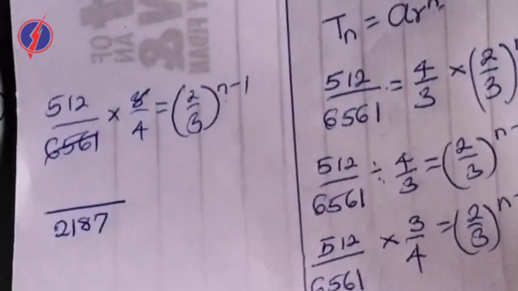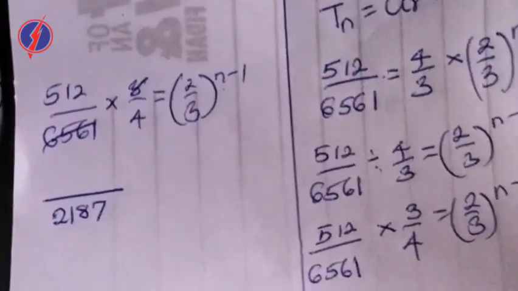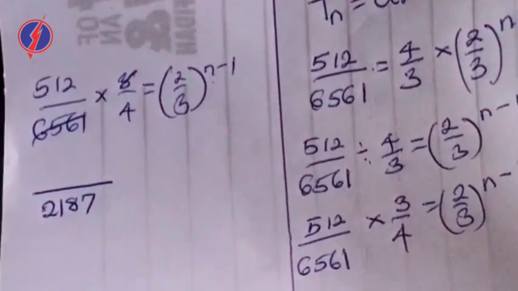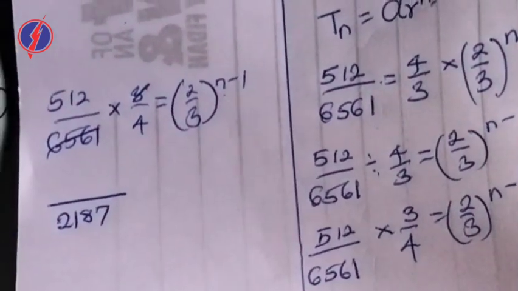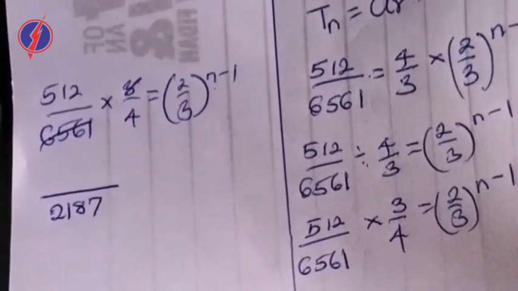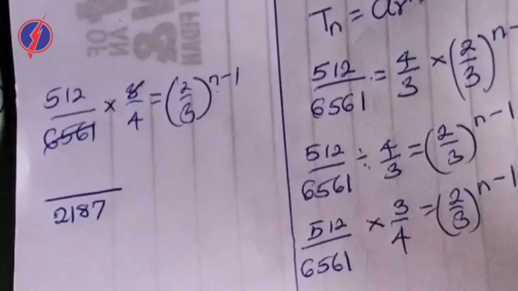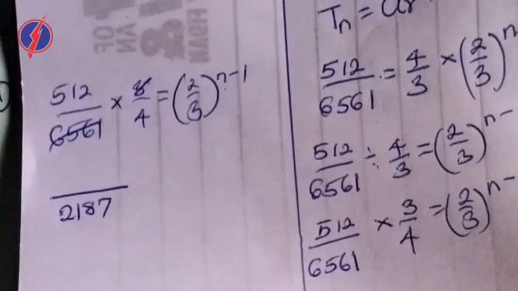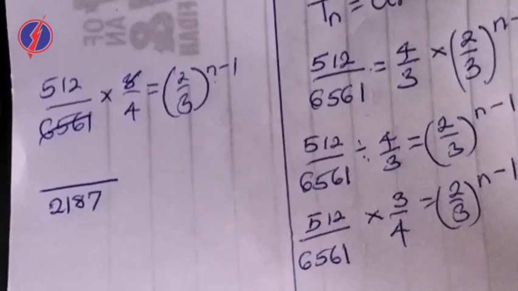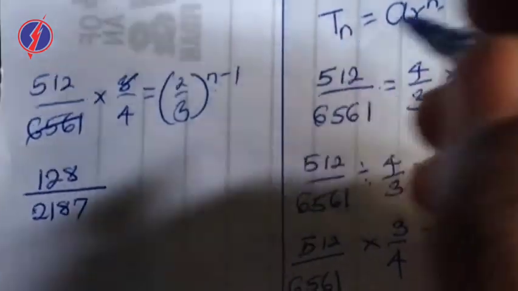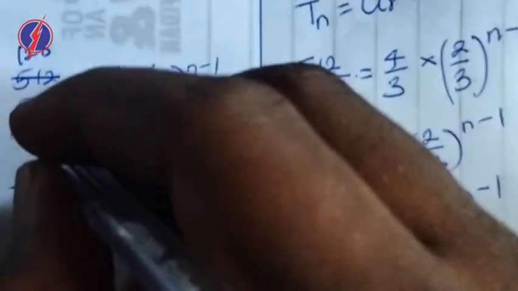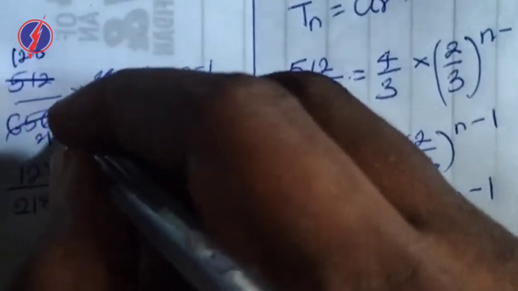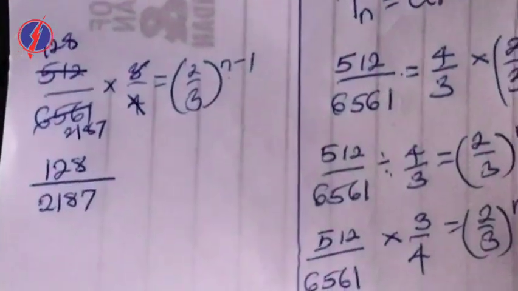Then 4 can go into 512, right? So 512, we have 128. Okay, this is it. So we have 128, then we have 2187, something like that.